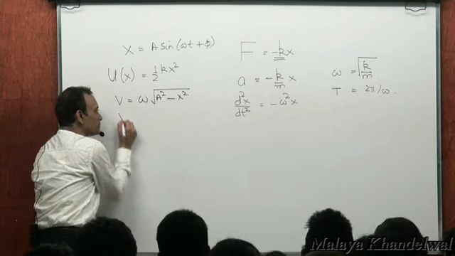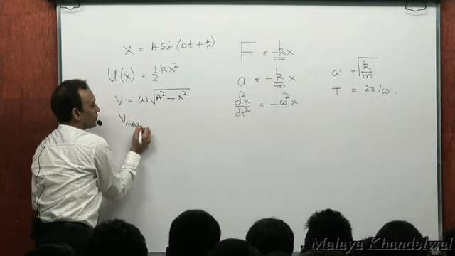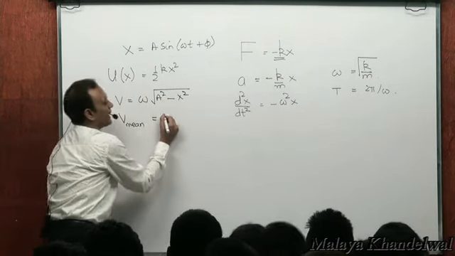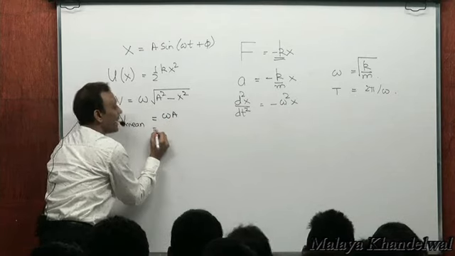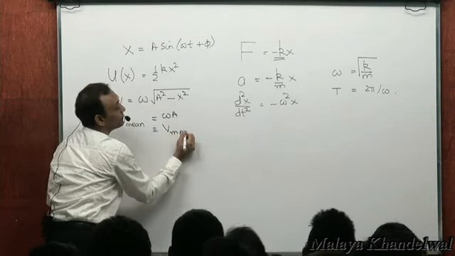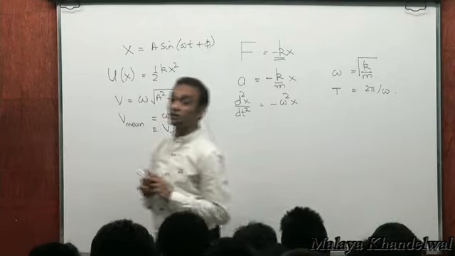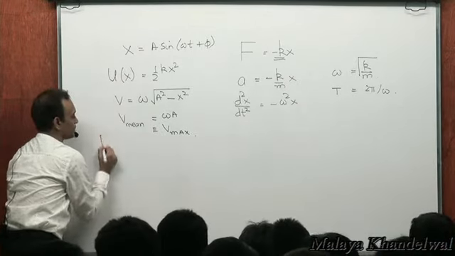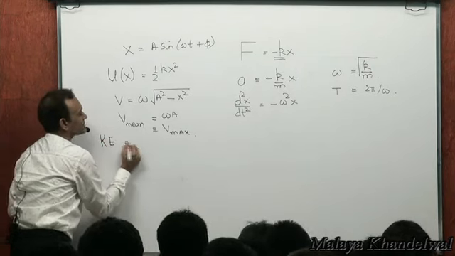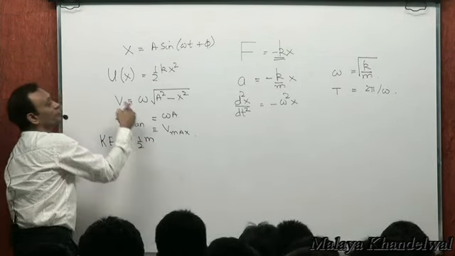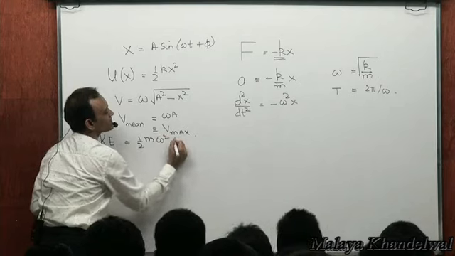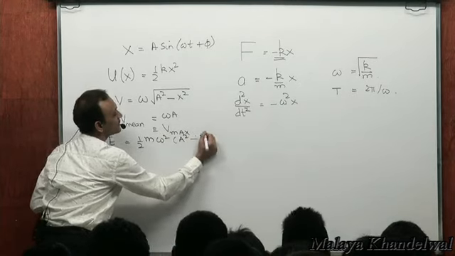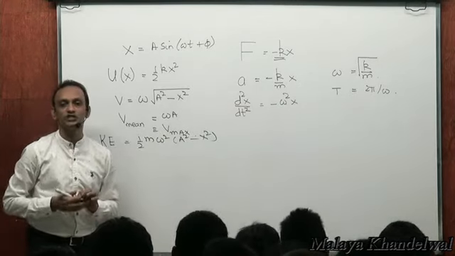At the mean position, the speed was given by omega a, which is also the maximum speed of the particle, leading to the kinetic energy as half m v squared. V squared is omega squared into a squared minus x squared. That's the kinetic energy as a function of x.